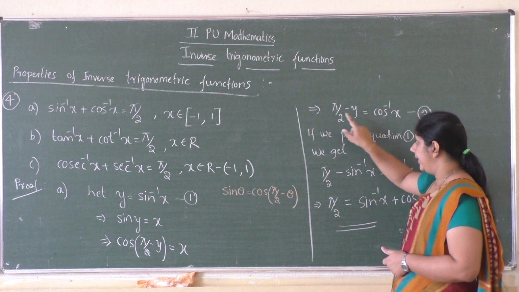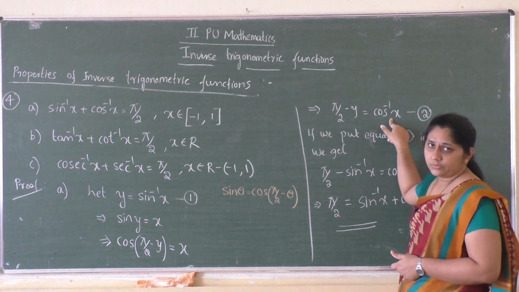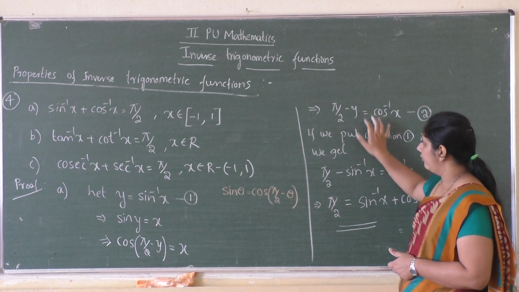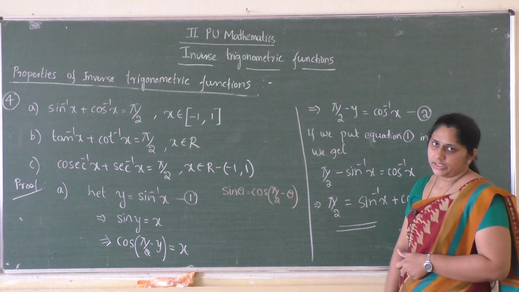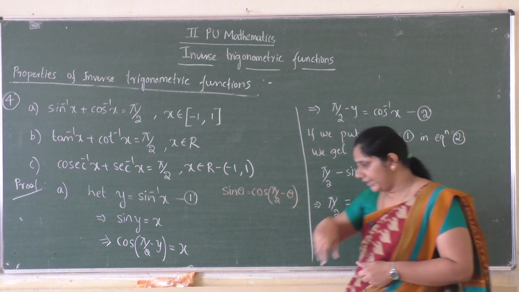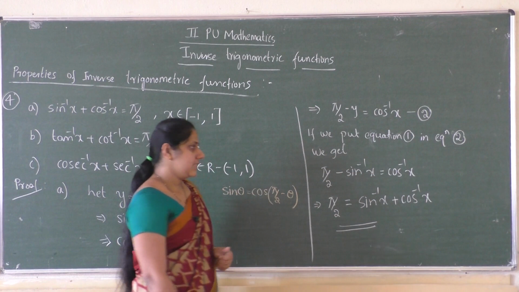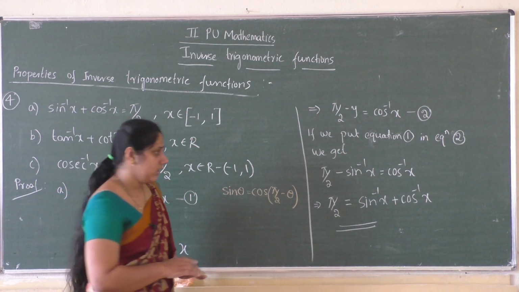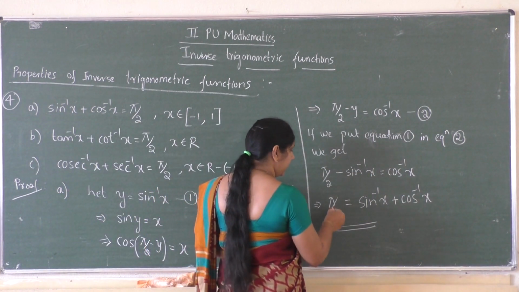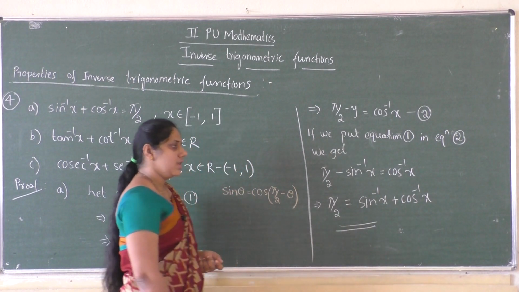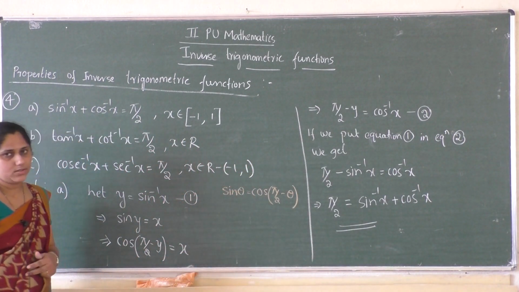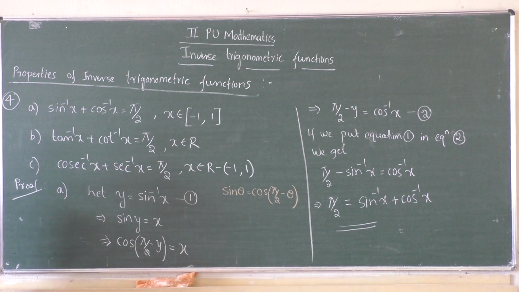Then pi by 2 minus y will be equal to cos inverse x. Now in the place of y we write equation 1, that is sin inverse x. So we get pi by 2 minus sin inverse x equal to cos inverse x. On rearranging we get pi by 2 equal to sin inverse x plus cos inverse x. So this is the derivation of the first formula.